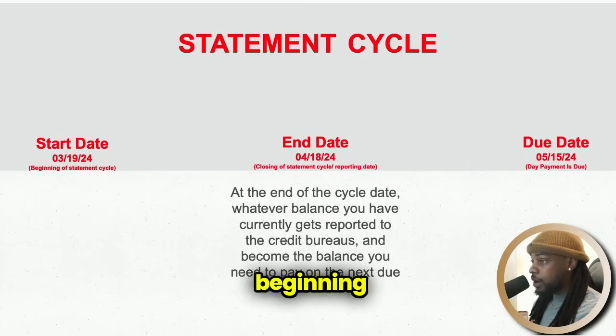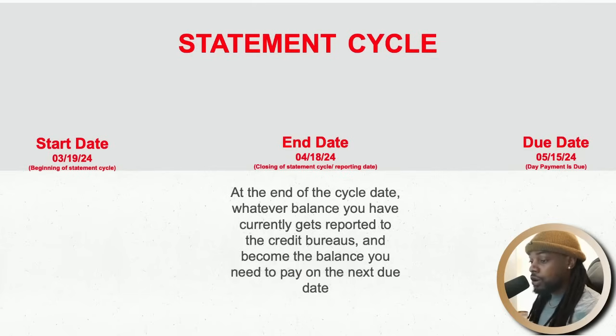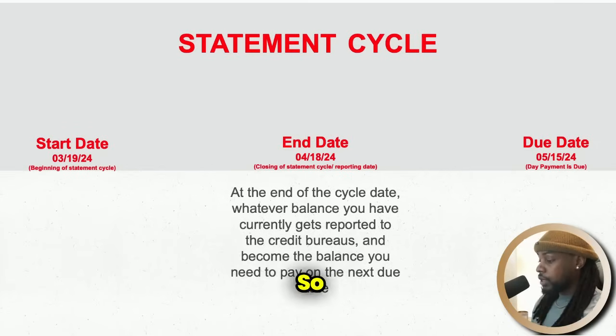That is the beginning of my statement cycle. Whatever I spend from March 19th, 2024 to February 18th, 2024, whatever I spend in that period will then be due on May 15th, 2024. So check this out.